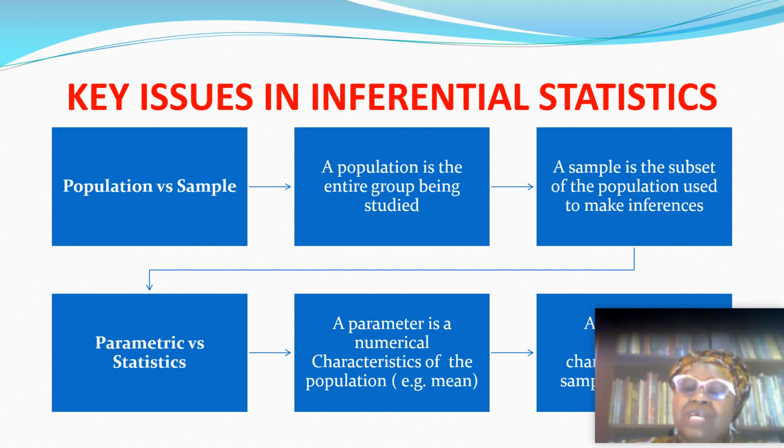A parameter is the numerical characteristic of the population, for example, mean. But when we say statistics, it is the numerical characteristic of the sample, for example, mean. So when we talk of statistics in terms of numerical value, we are referring to the sample. When we say parameters, we are referring to the population characteristics.